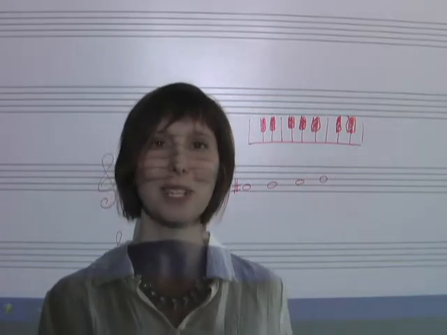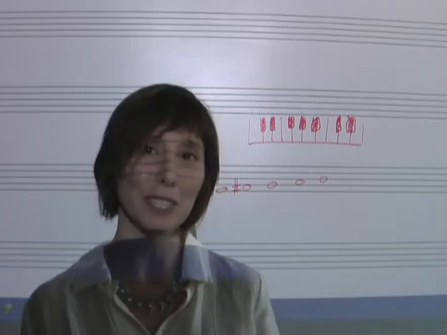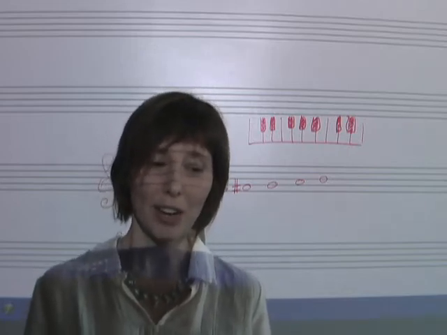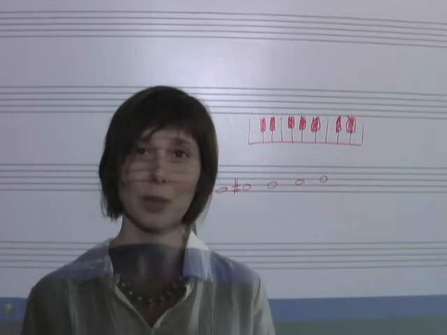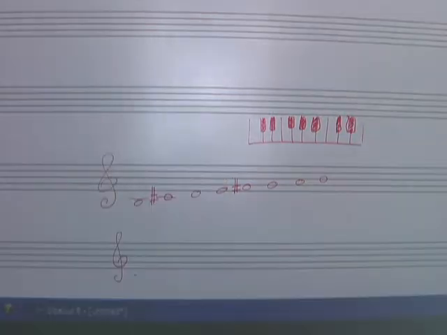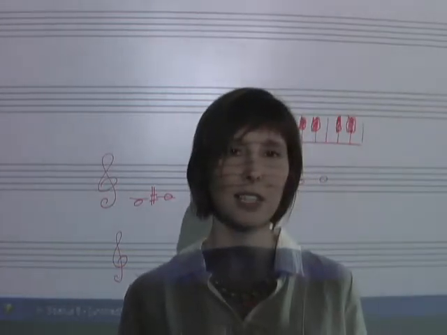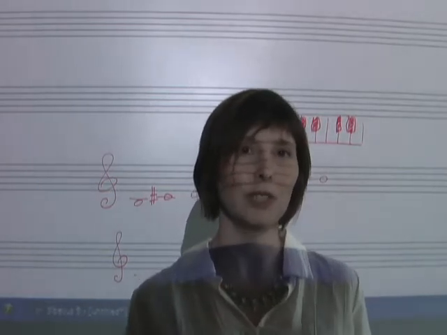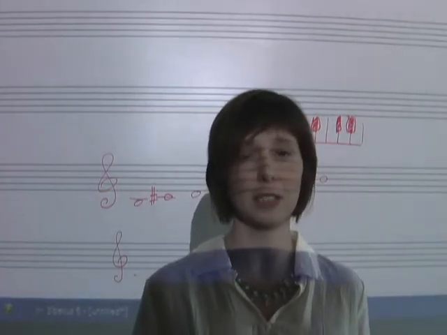When we use the harmonic minor, it's mainly for harmonies. Right now, if I play the harmonic minor scale, you might notice it sounds a little bit strange. You might notice that there is what sounds like a skip between the 6th and 7th notes.